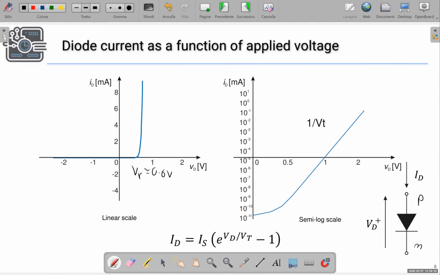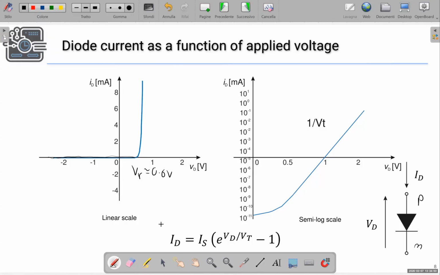On the other hand, if we apply a voltage VD with opposite polarity, that means a negative voltage with this convention, positive on the N side, the cathode, and negative on the anode, no current flows through the junction.